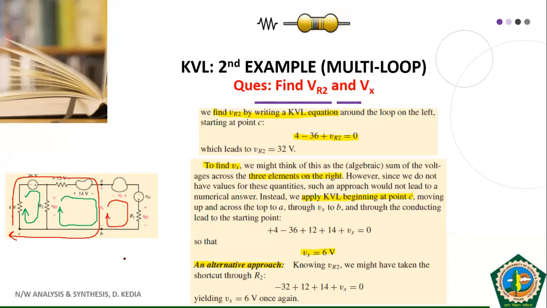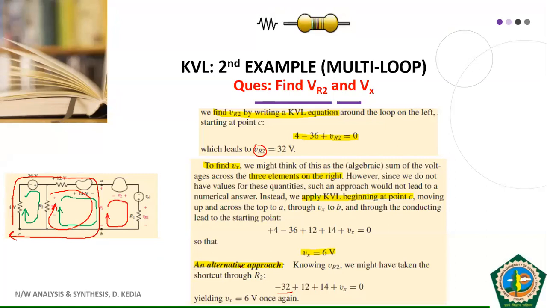Fine. There is one more approach. You could take this path also, which I am now showing. Earlier we didn't know the value of VR2, but now we know the value of VR2. So if you traverse through this loop, what will happen? We know the value of VR2, that is minus 32 volt.